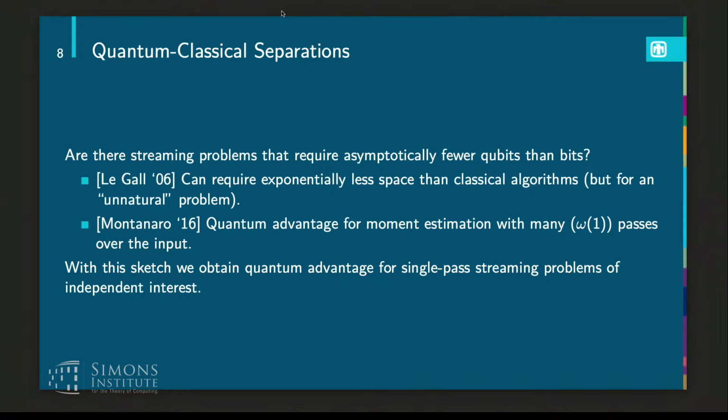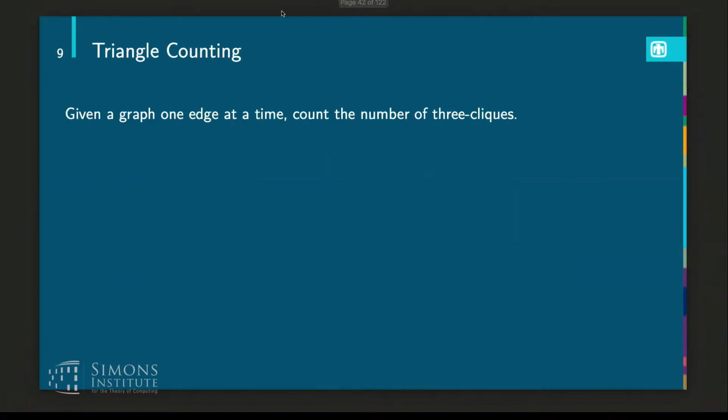The first of them that I'm going to tell you about is the problem of counting triangles in the stream. Triangles here are just another name for three cliques. This problem is very well studied in classical streaming. It has applications in social sciences and spam detection and so on.